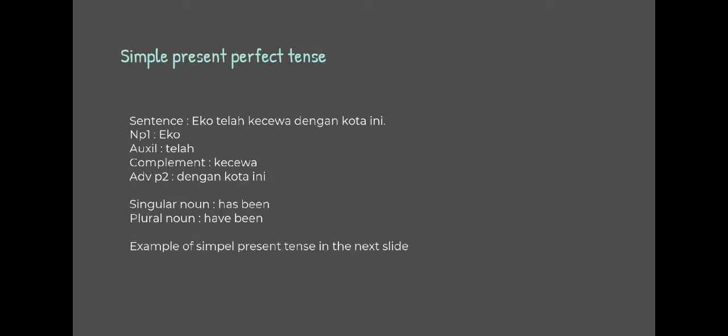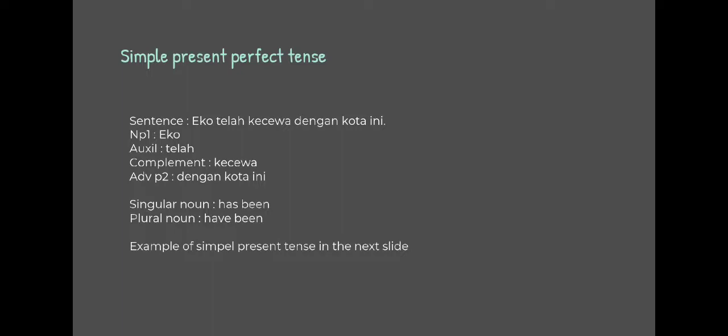Okay, here we have the simple present perfect tense. In this simple present perfect tense, we have an auxiliary and complement, guys. So the sentence that I made is Eko telah kecewa dengan kota ini. So the NP1 is Eko, auxiliary is telah, complement is kecewa, and adverb place is dengan kota ini.